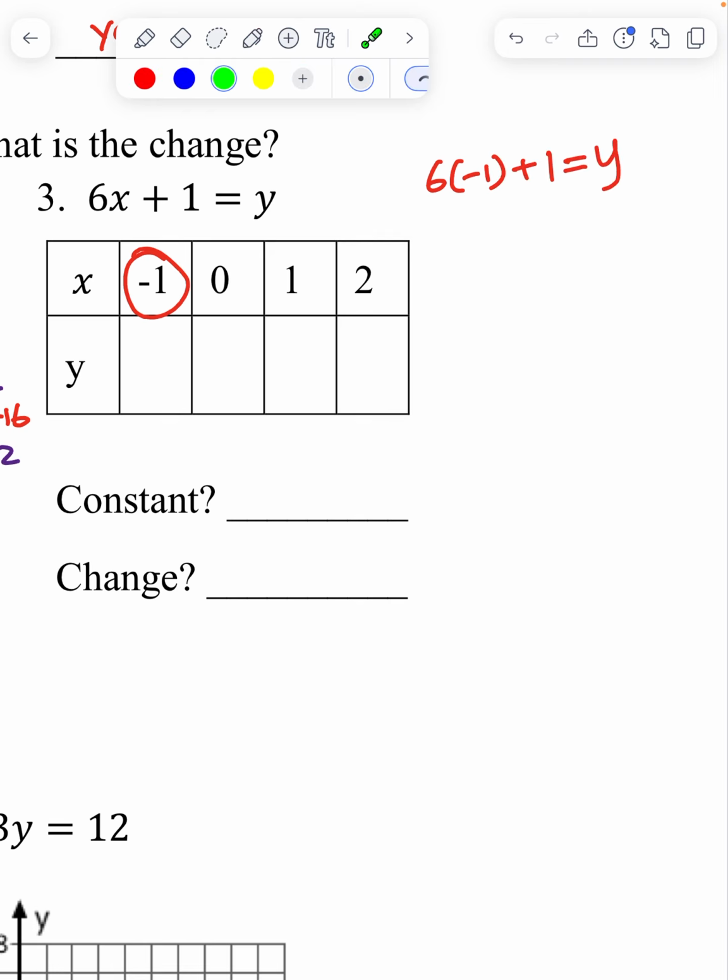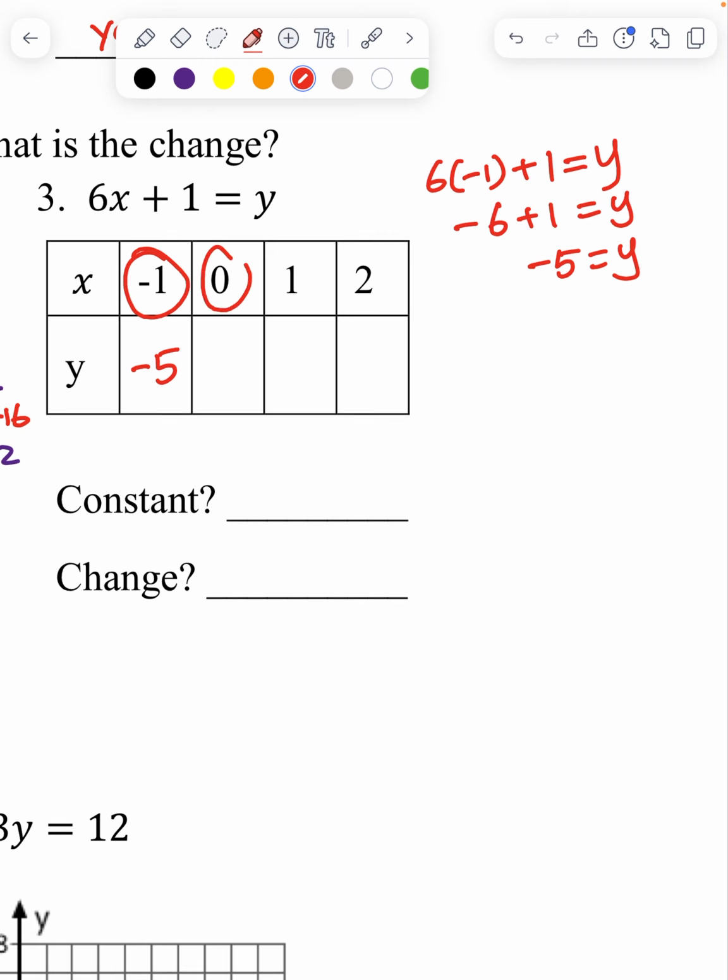When you see a number, and then a parenthesis and then another number, this means multiplication. 6 times negative 1, that's negative 6. Positive number times a negative number is going to be negative. Negative 6 plus 1, that's negative 5. So here's negative 5.